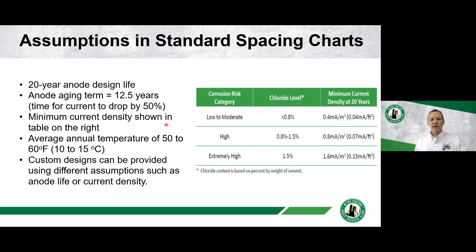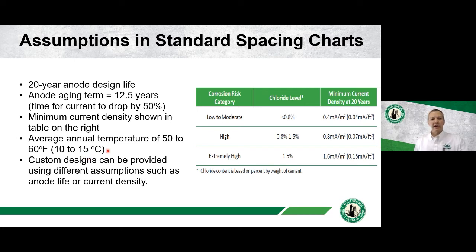The minimum current that's being used, I showed already, but that's basically depending on the corrosion risk, either 0.4, 0.8, or 1.6. And we are assuming an average annual temperature of 50 to 60 degrees Fahrenheit, which is 10 to 15 degrees Celsius, which sounds cold maybe for some people, but it's actually much warmer than it is in Winnipeg here where I live.